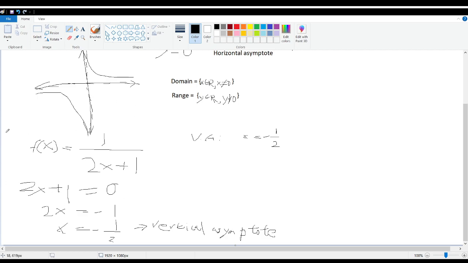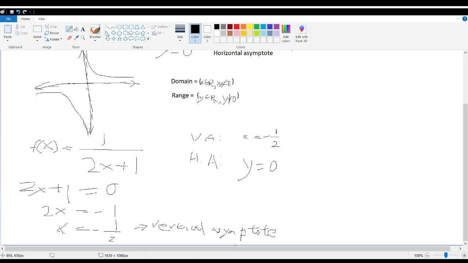So in this function, you can see that the degree in the numerator is lesser than the degree in the denominator, because it's just 1, while this one has a variable, so it is lesser. So the horizontal asymptote is going to be y equals 0.